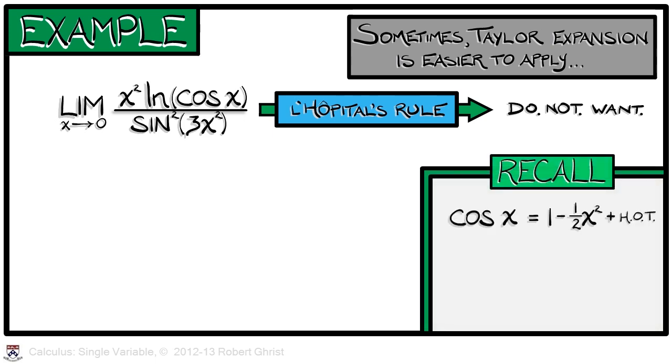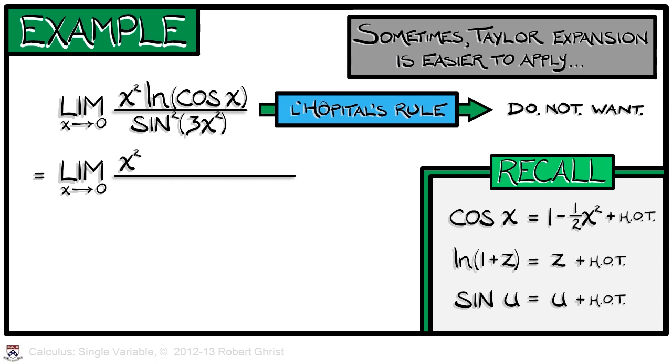However, I recall the Taylor expansions for cosine of x, for log of 1 plus something, and for sine of something. These are all very simple. We've done these before.